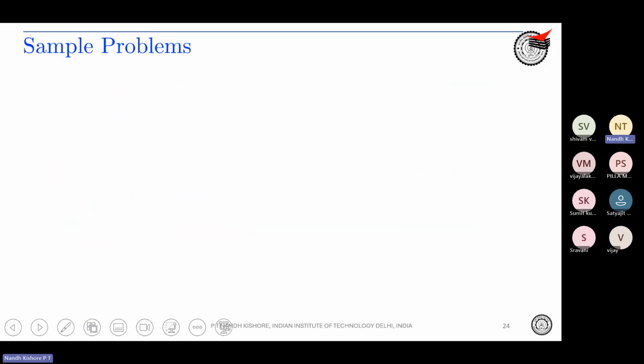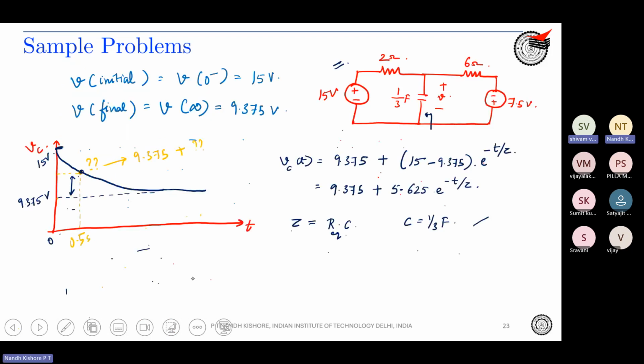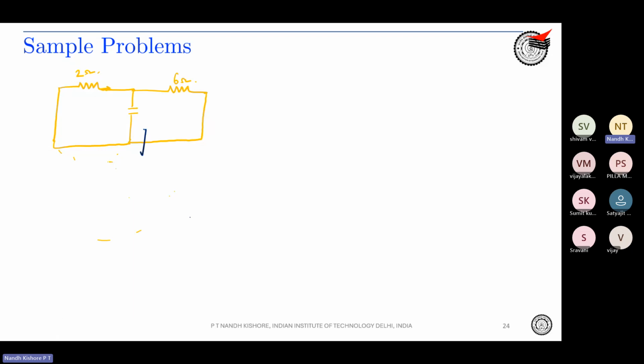So let's do the same thing. Short the voltage source, then 2 ohm is there, and there is a capacitor over here, and that is 6 ohm. Again the other voltage source is shorted. And now I am looking from here.